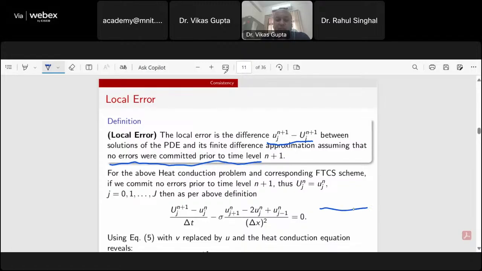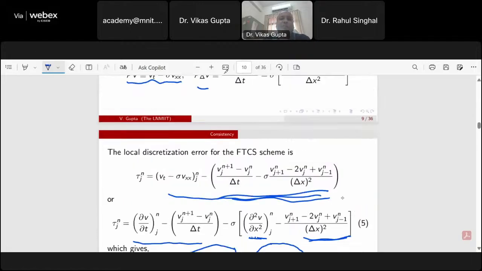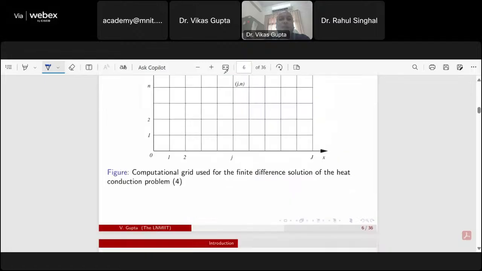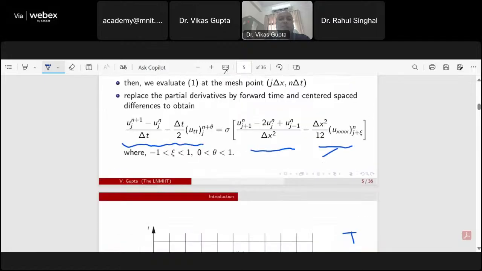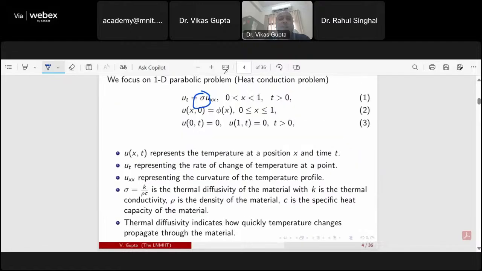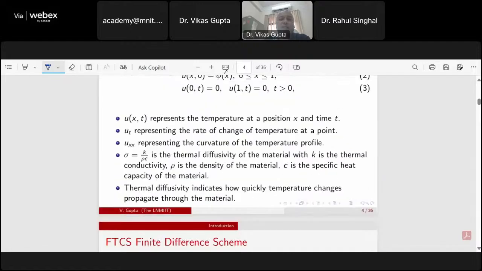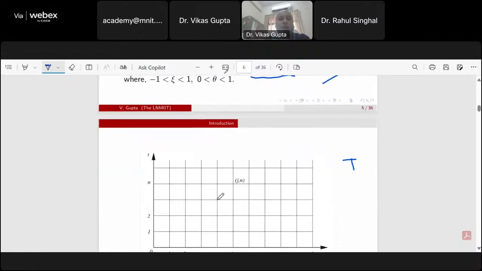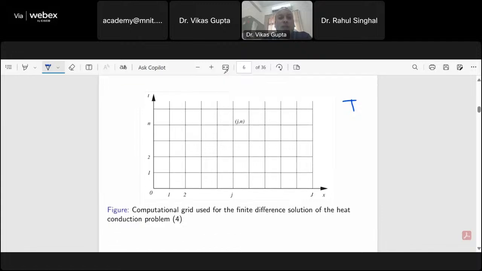This is the initial time level, and note that the initial and boundary conditions are prescribed on the boundary of the domain: the initial condition at the 0th time level, and the boundary conditions at both boundaries of the domain.